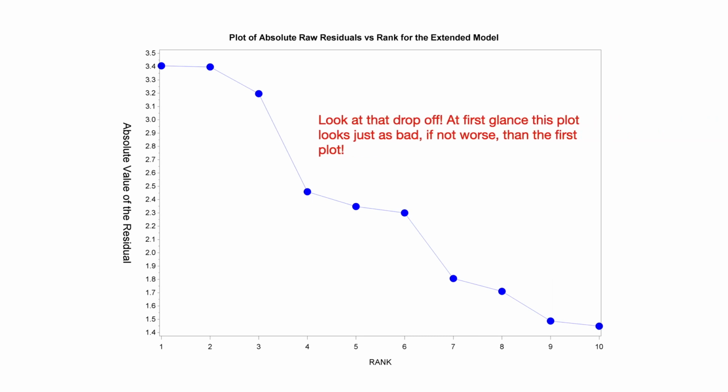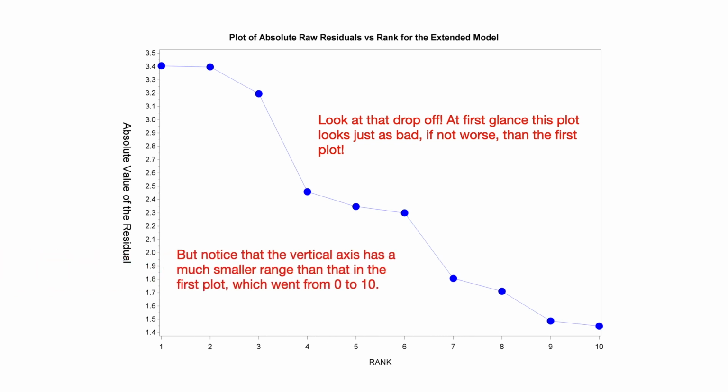Now, at first glance, this plot looks just as bad, if not worse, than the first plot. But notice that on this plot, the vertical axis has a much smaller range, from 1.4 up to about 3.5. Much smaller than the range in the first plot, which went from 0 to 10.